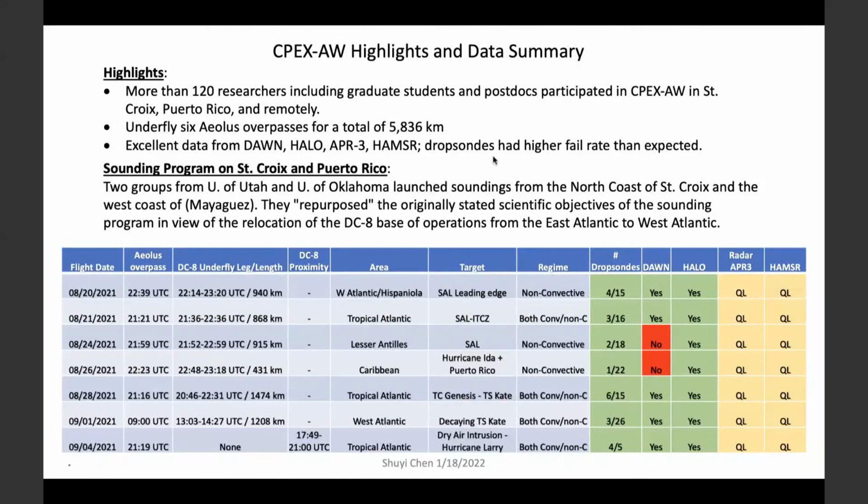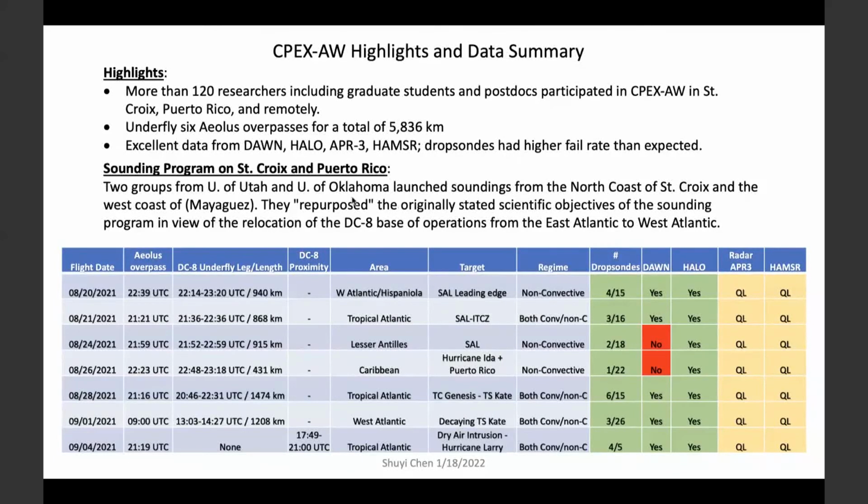Our dropsondes should be the most reliable instruments, and it turned out there was some mistake made right before the field campaign got started, and then the dropsondes failed quite a bit unexpectedly.